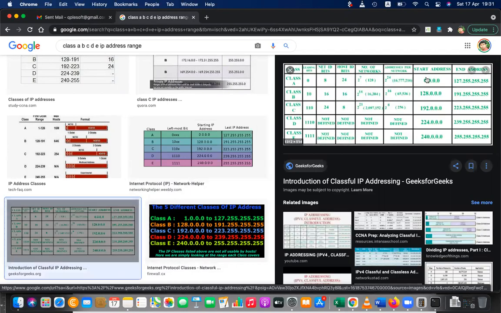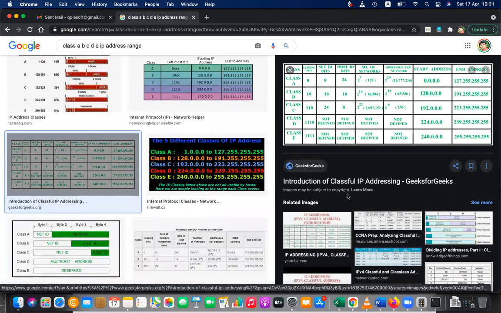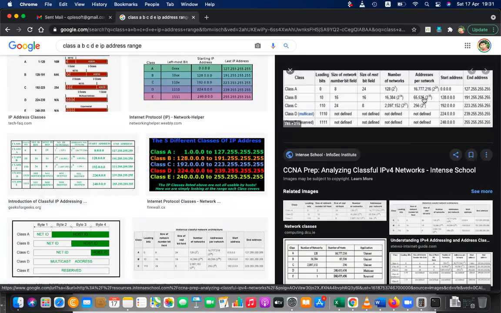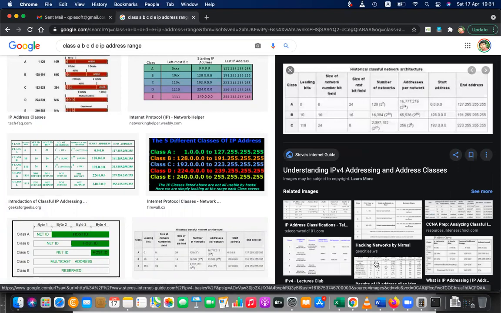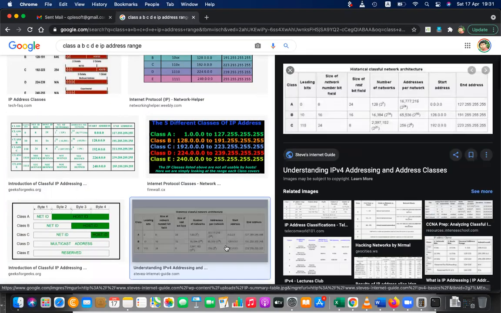You can say the start IP is theoretically 0 and theoretically this is the end IP. But practically, this is a practical range. There was one showing the practical range. Is this the one?